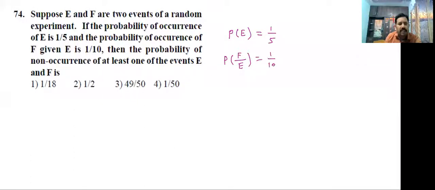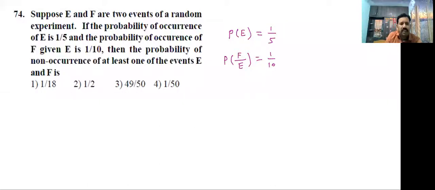We need the probability of non-occurrence of at least one of the events E and F. E means occurrence, E complement means non-occurrence. F is occurrence, F complement means non-occurrence.